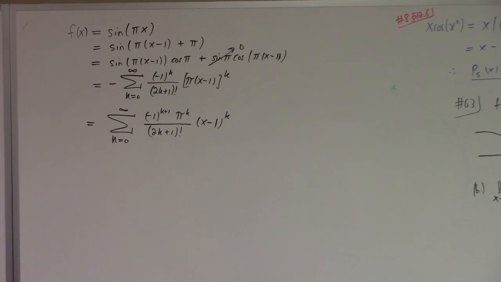Which probably wouldn't have been too hard to calculate just from straight differentiation, but, you know. Yes, sir? Can you subtract the extra pi that you added from the sine, and just put a negative in front of the sine? Because that's what adding pi does.